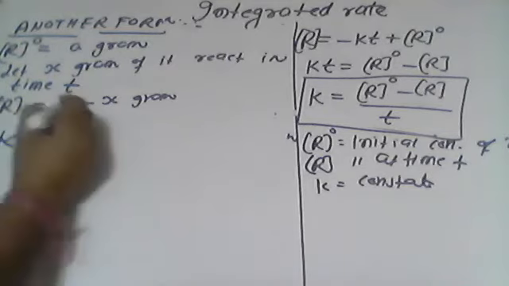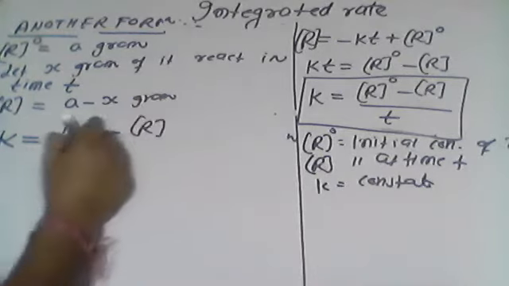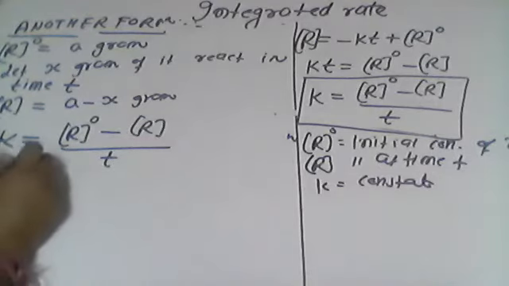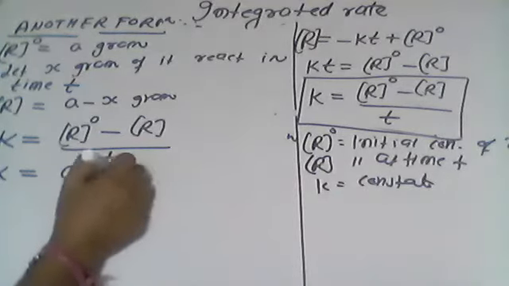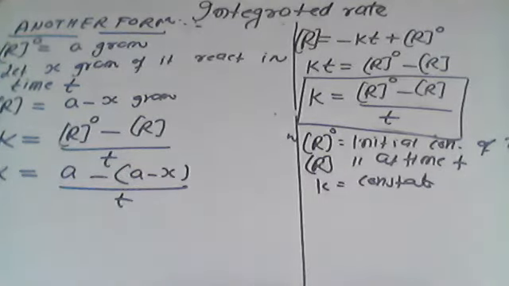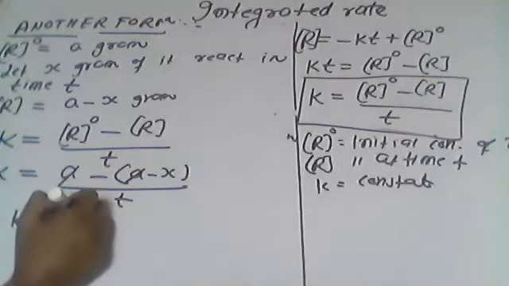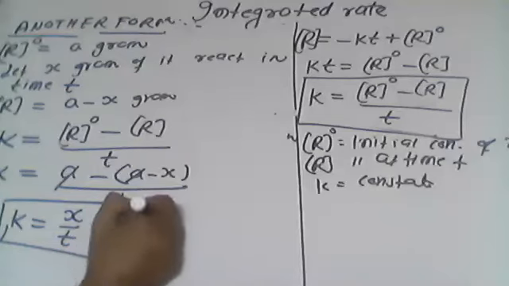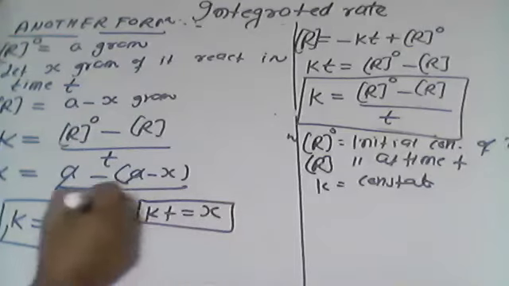K is equal to R naught minus R divided by T. R naught is A, and R is A minus X, whole divided by T. So A and A will cancel out and you will get K is equal to X by T, or you can say KT is equal to X.